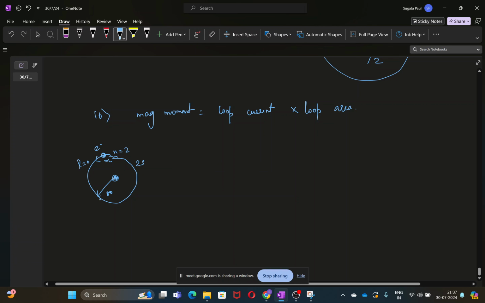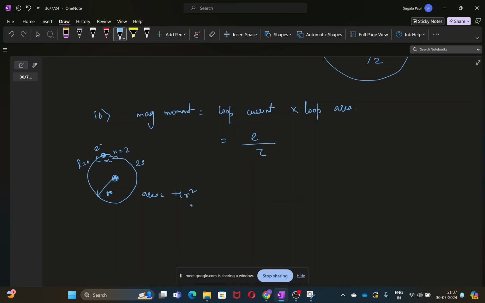Because the loop radius is r, the area of the loop is simply the circular area pi r square, right? And the loop current is nothing but the electronic charge e divided by the time period of the electron to rotate around the orbital in a circular motion.